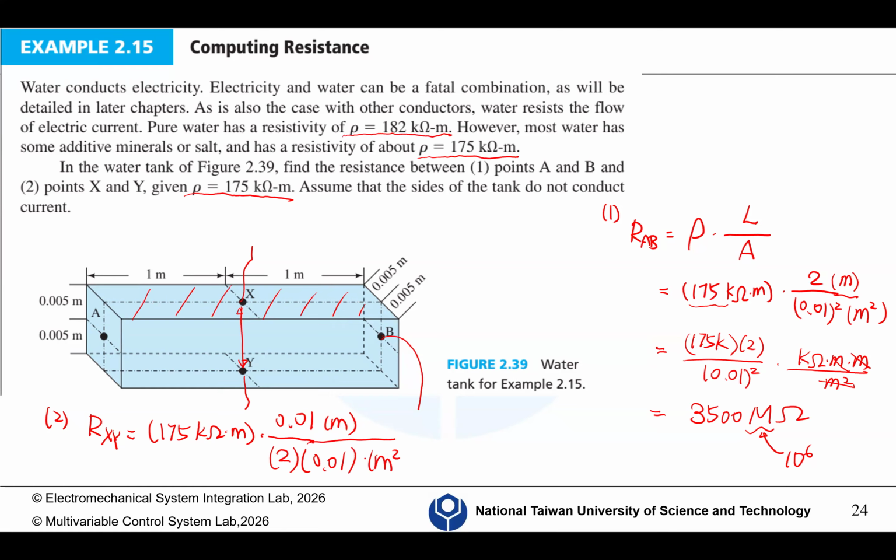So we can cancel this. It is 175k divided by 2, which is 87.5 k ohm. That is the solution to our problem number 2.